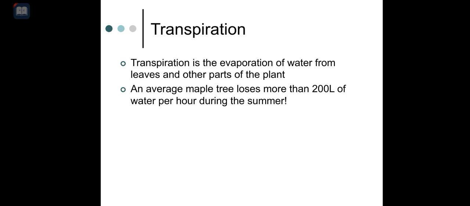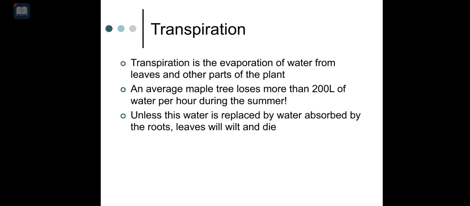The average maple tree loses more than 200 liters of water per hour during the summer. Unless this water is replaced by water absorbed by the roots, the leaves will wilt and die.